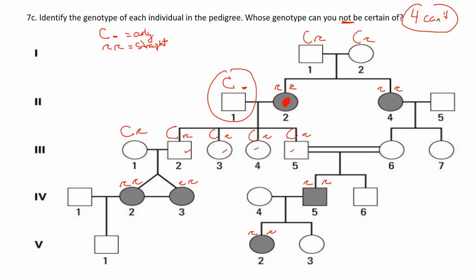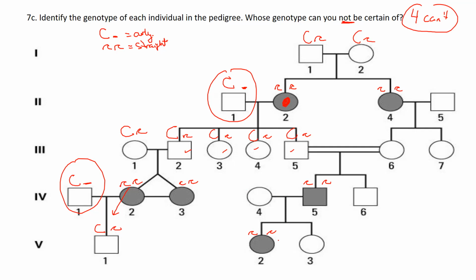This individual here is capital C, right? And their mom could only contribute a little c. Dad here is a capital C, but we don't know what his other one is. We don't know if that's capital C, because they only had a kid that was curly hair. They didn't have any straight-haired individuals, so that's another one that we don't know.